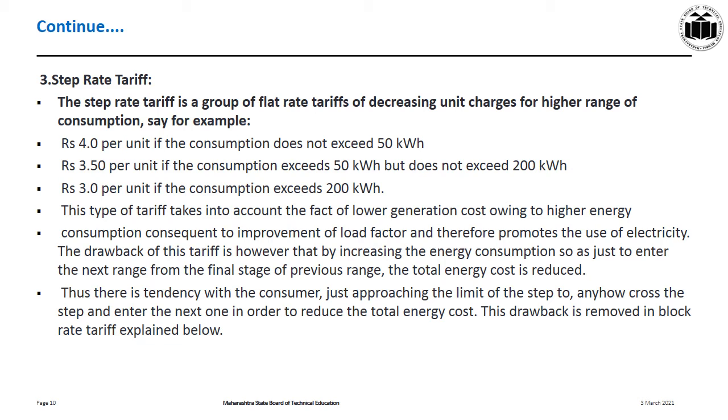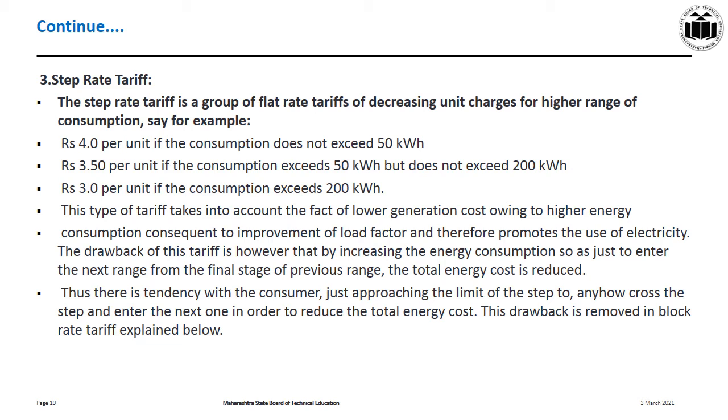This type of tariff takes into account the lower generation cost owing to higher energy consumption, consequent to improvement of load factor, and therefore promotes the use of electricity. The only drawback of this tariff is that by increasing the energy consumption just enough to enter the next range, from the final stage of the previous range, the total energy cost is reduced.